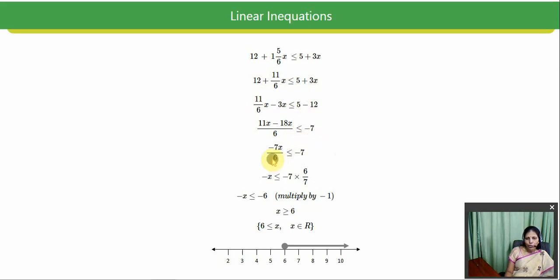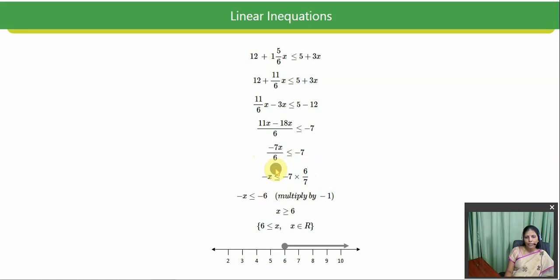Now to clear the fraction, I am multiplying both sides of the inequality with 6. So you will get minus 7x is less than or equal to 42, and again you have to divide both sides by 7 to remove the 7.